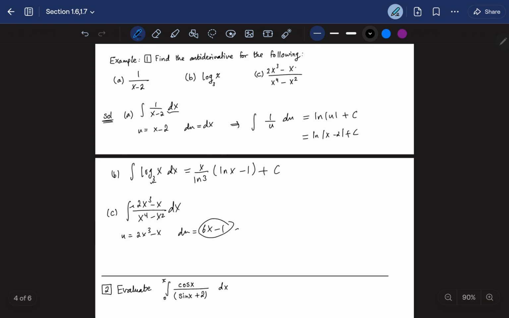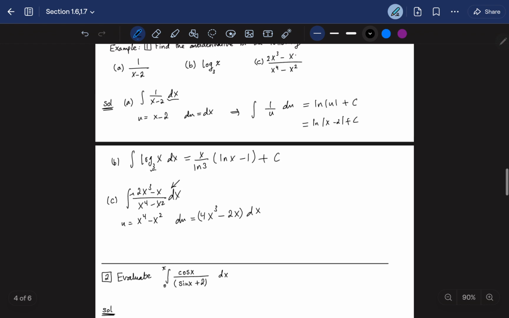If you look at the derivative, it's nowhere in my integrand. So I don't think that's going to work. How about if I substitute my denominator? Once you find the derivative, you're going to get 4x cubed minus 2x dx.